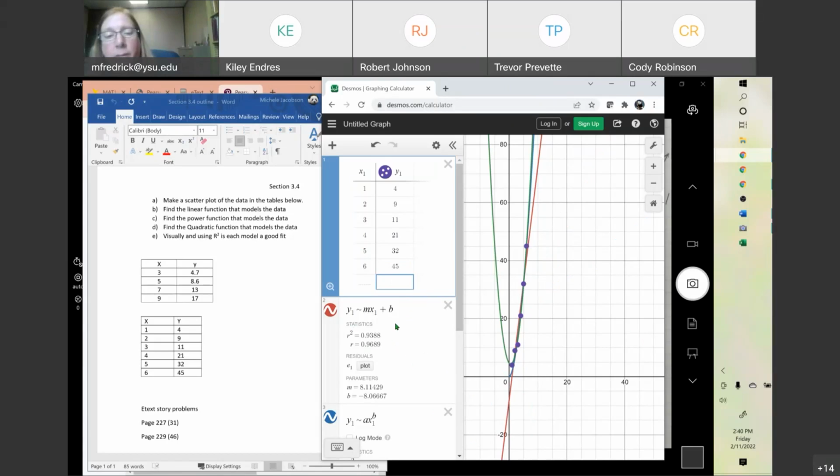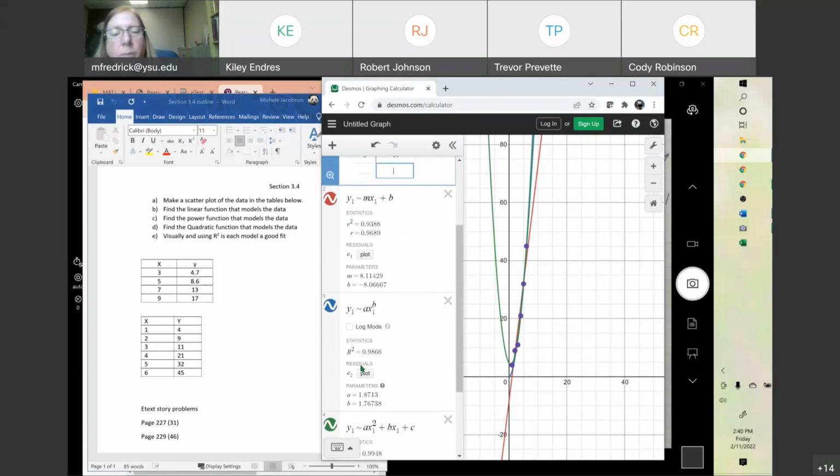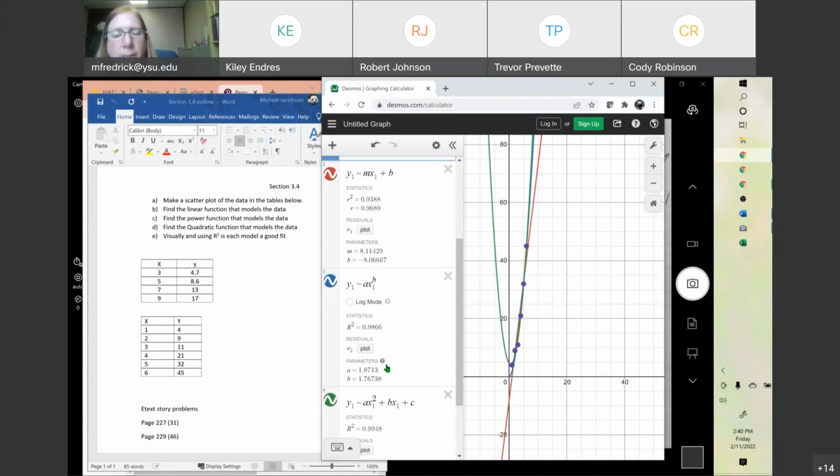So our linear would be here. See, and that's 0.93, 0.88. And this one's 0.986, so this one's a little stronger than the linear. 0.9866. This one's 0.99, so the parabola is the most accurate in this one.